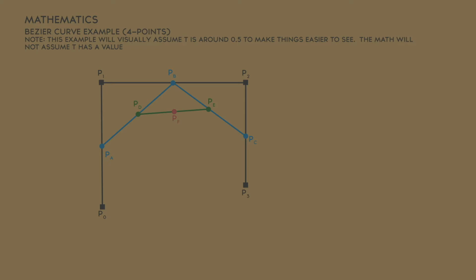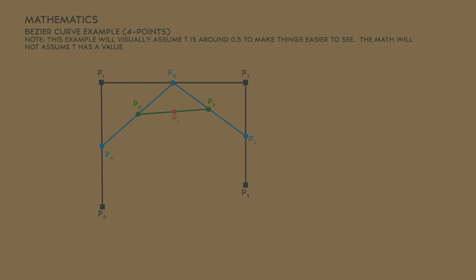We need to repeat this process until we get a resulting collection of points with only 1 point, which is our final point. So it can be 3 points or 50 points. The exact concept applies. We need to repeat the process until we only end up with 1 point at the end.